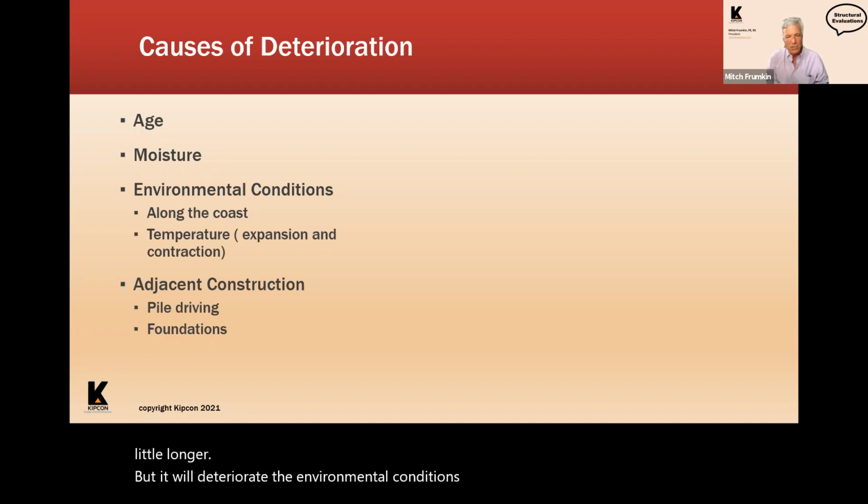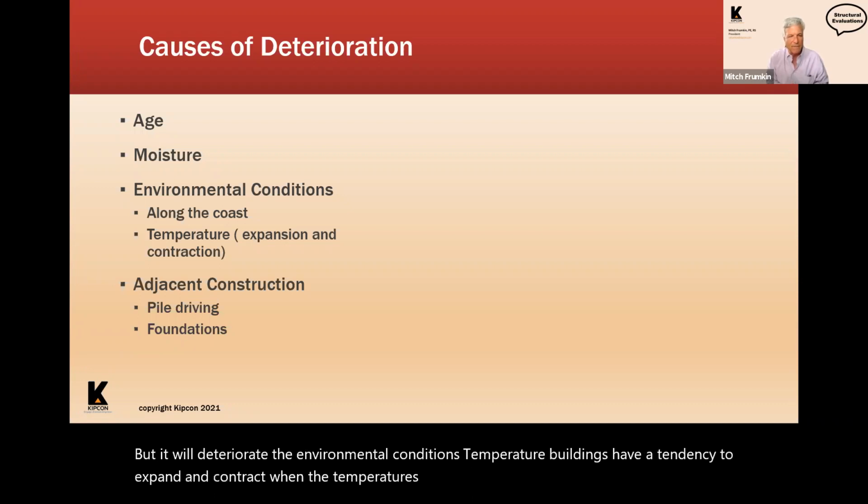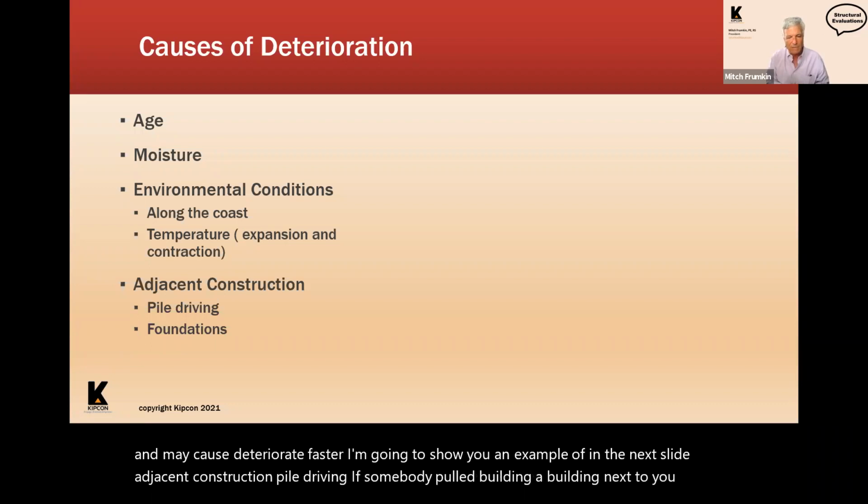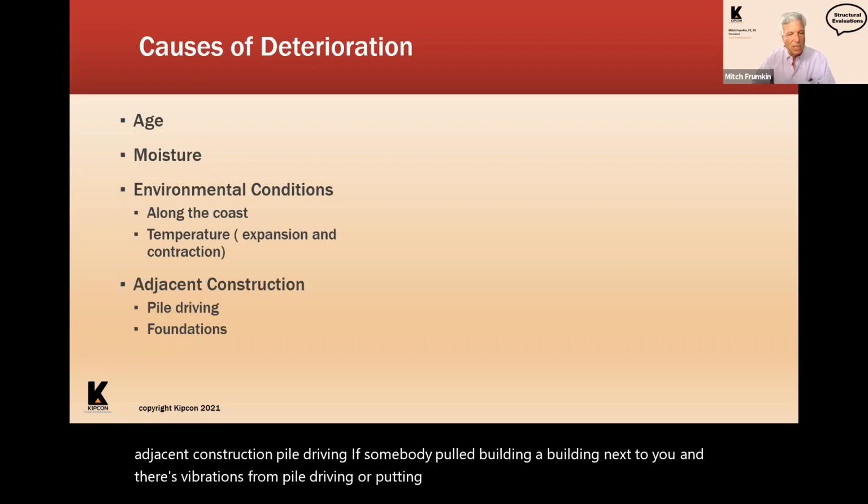Buildings have a tendency to expand and contract when the temperatures change. And that has an effect on the building and may cause it to deteriorate faster. I'm going to show you an example of that in the next slide. Adjacent construction, pile driving. If somebody's building a building next to you and there's vibrations from pile driving or putting in new foundations, it will have an effect on your building.